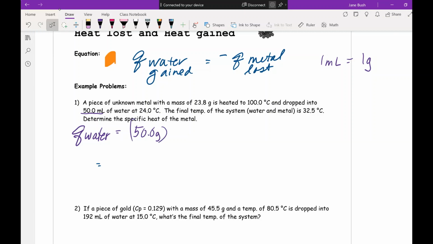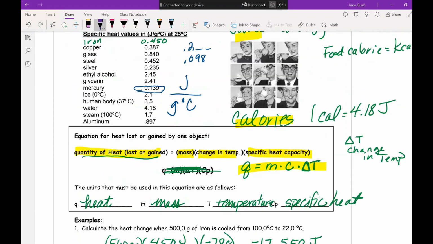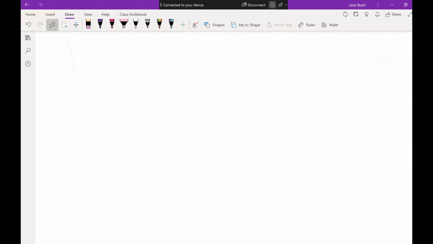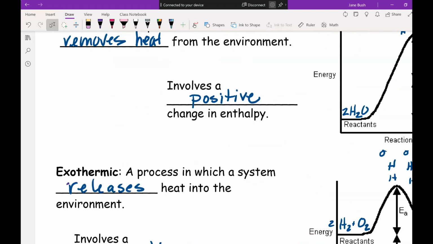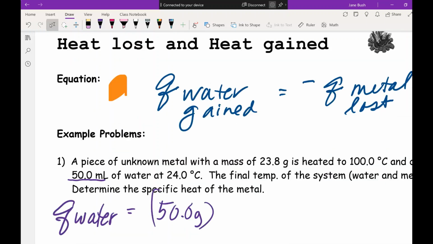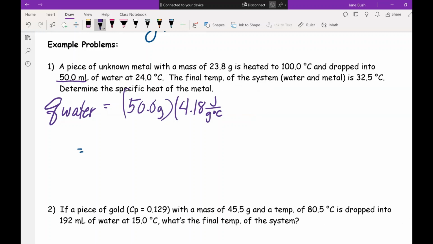Okay. The specific heat of water we can look up on a table, and my honors chem kids had this table. That's not something you have to memorize. That will always be given to you. 4.18 joules per gram Celsius. And what was the temperature change of the water?